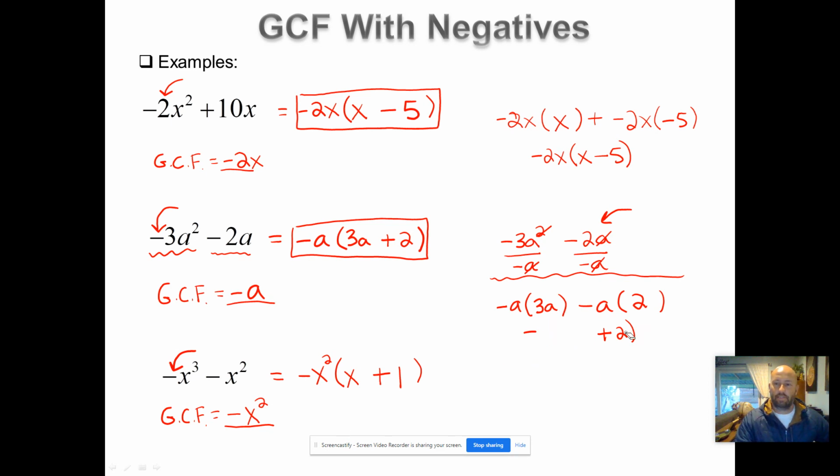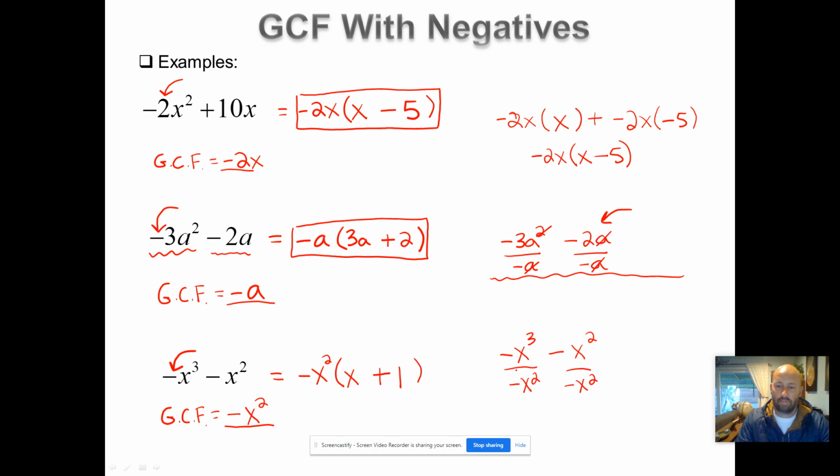Okay, let me erase this. And then again, if you needed to show some work, if that was confusing, you just take your terms and you divide by the GCF. So the negatives cancel each other out, right?